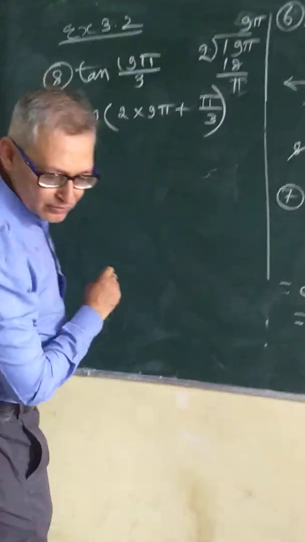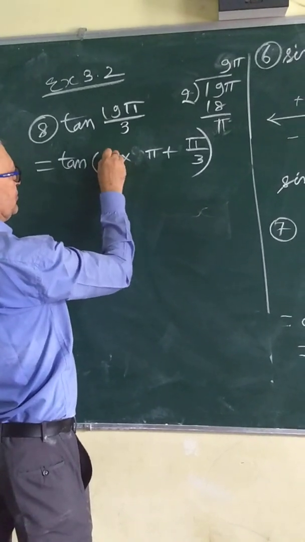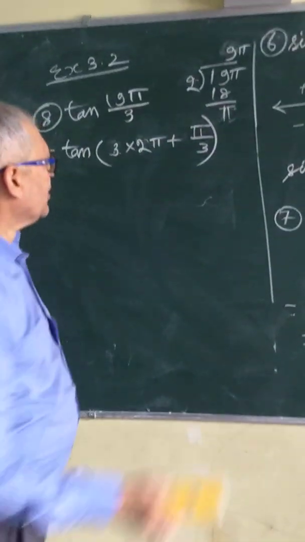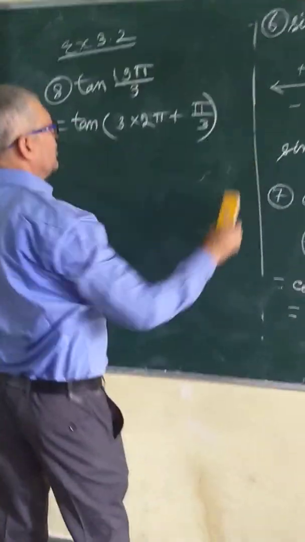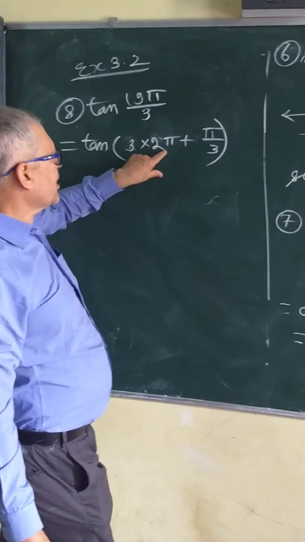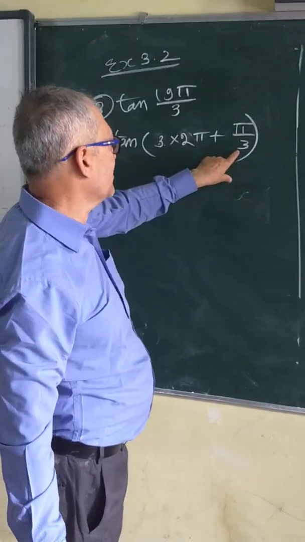Sorry. 3 into 2 pi. Here we have to see the cycles of 2 pi. So 3 cycles of 2 pi are completed, then the angle pi by 3 is left.